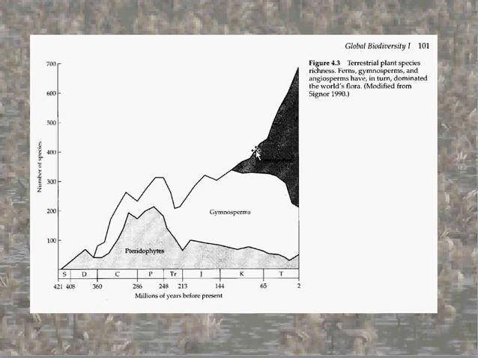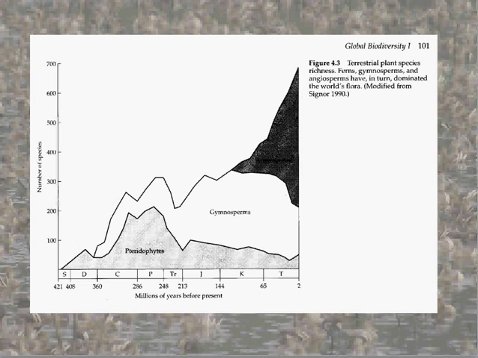The last massive increase culminated at the end of the tertiary or the beginning of the quaternary, as we live in today. Okay? So what is the reason for some of these sharp increases over the course of several million years in numbers of species?